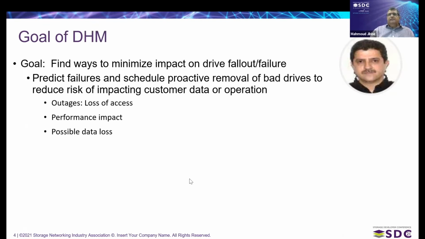Outages, like I mentioned before, means loss of access. Outages in terms of the drive is returning a lot of errors, which ends up having performance impact, meaning reduced performance, less than expected, and also possible data loss.